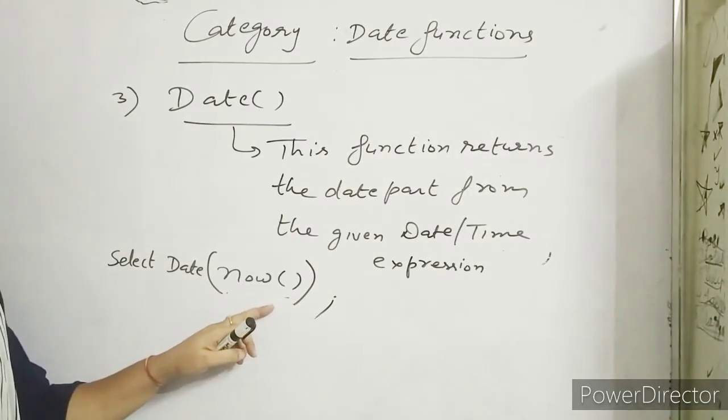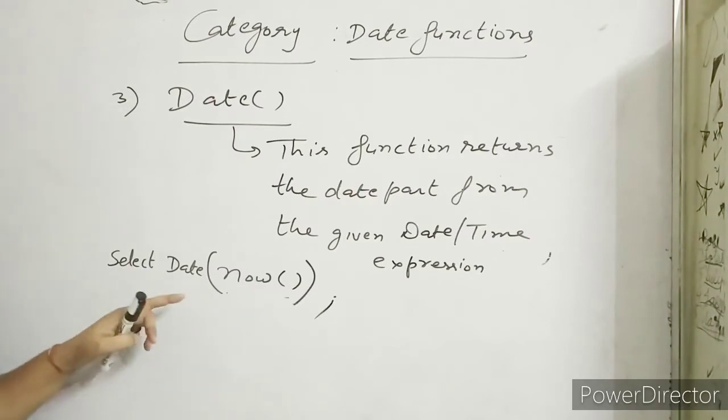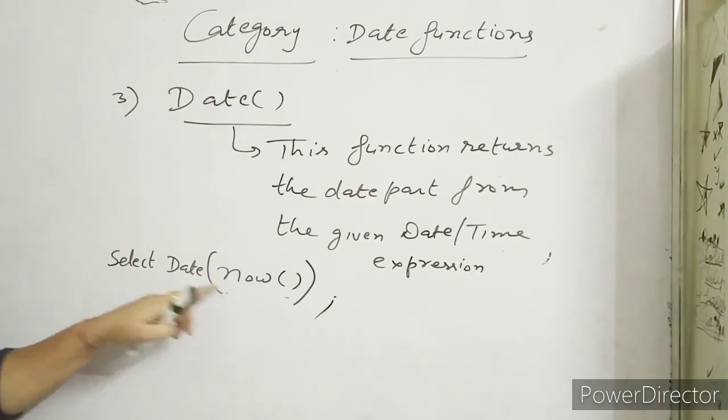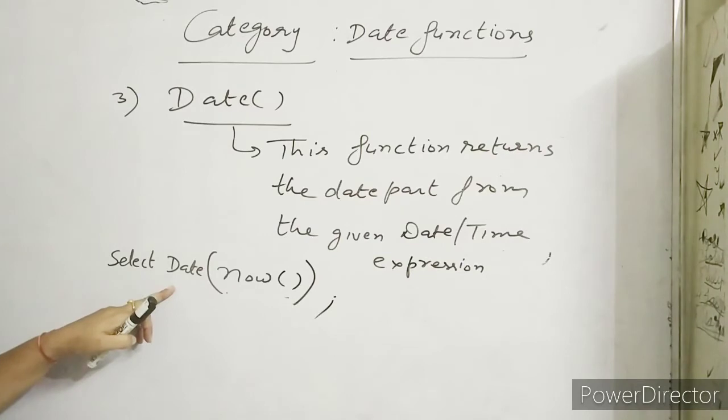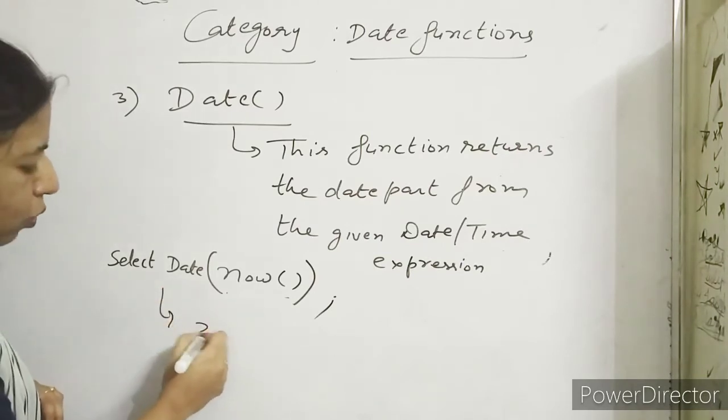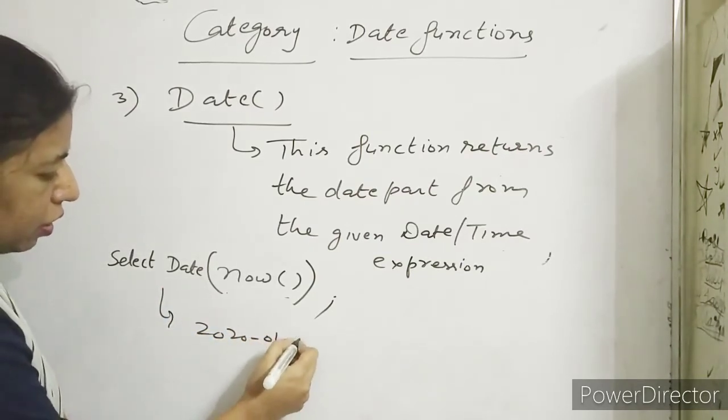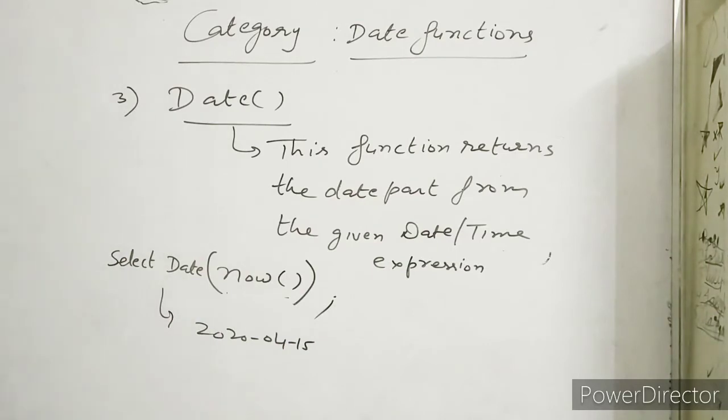Now returns both date as well as time, but if I put now inside date, then you get only date. Clear? What is the use of the date function? The date function returns the date part. If you have the combined date and time and you want to get only the date without time, you can put it in the date function. Clear?